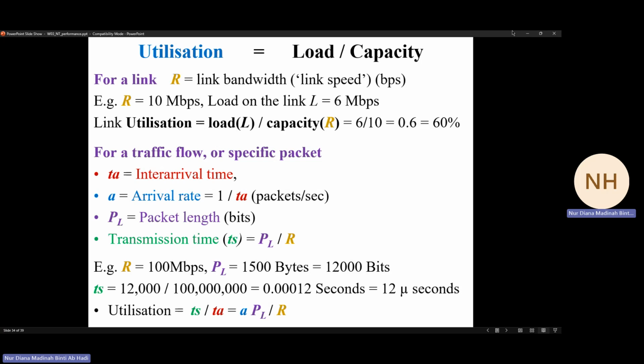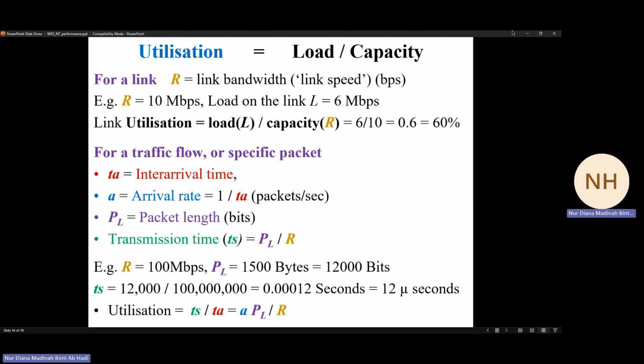Okay? To check a traffic flow or specific packets, we need to use the formula TA, the inter-arrival time. And then we have our arrival rate, which is 1 over TA. And then PL. And then you're going to calculate your transmission time using packet length divided by your R, which is 10 Mbps. Okay? So, for example, they give you 100 Mbps, PL 1500 bytes.